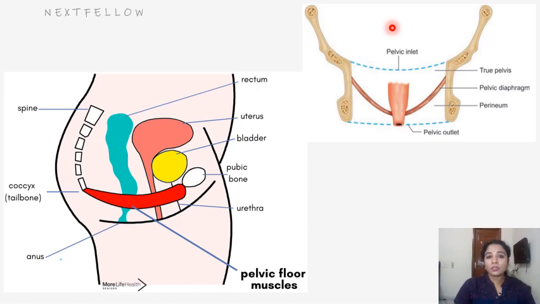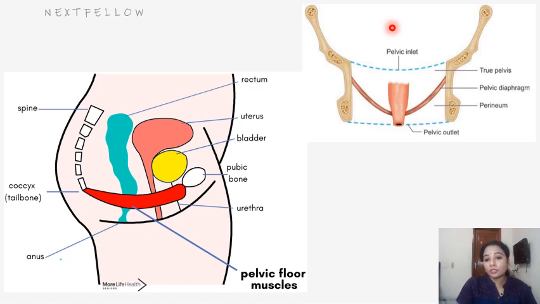So some sources do not consider pelvic floor and pelvic diaphragm as synonymous terms. They consider pelvic diaphragm to mean only levator ani and coccygeus, the two muscles forming the pelvic diaphragm, while the pelvic floor should also include the perineal membrane and deep perineal pouch.